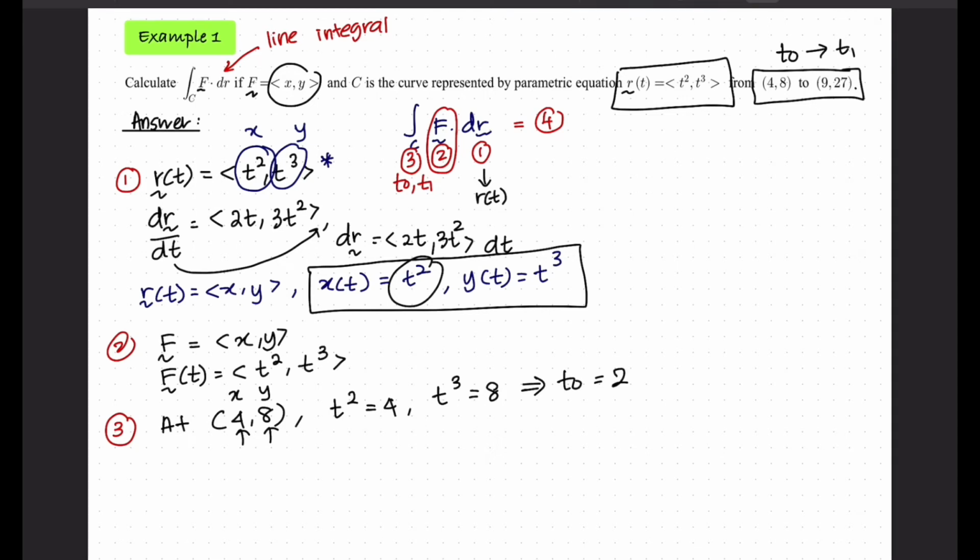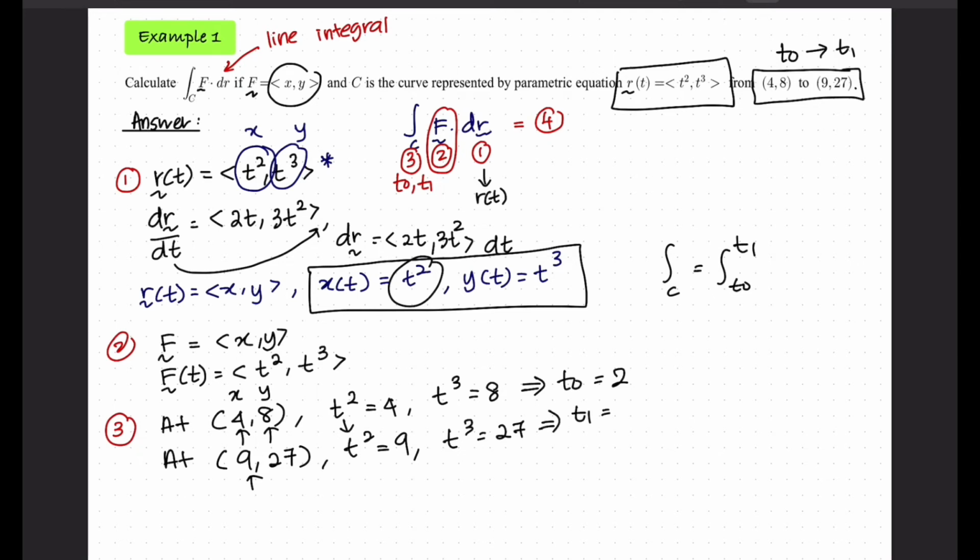At the second point, (9, 27), you can find t1. Just write t square equal to 9 and t cube equal to 27. So t1 equal to the square root of 9, which equals 3.